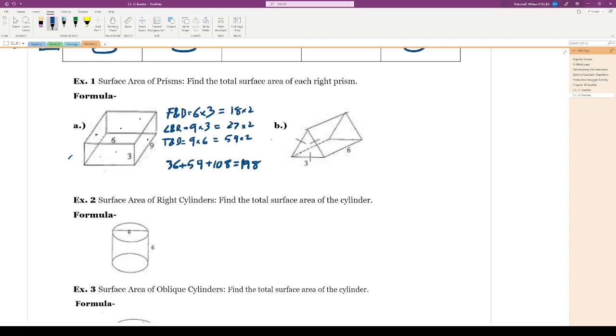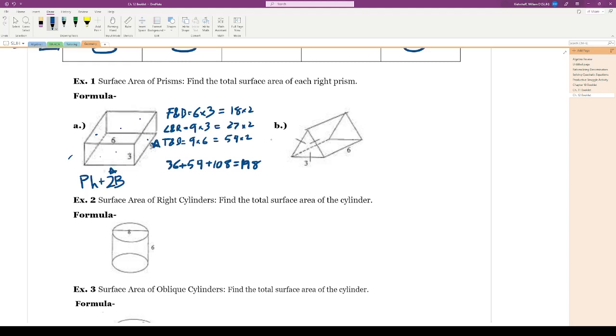Now, the formula is the perimeter of the base times the height plus 2 times the area of the base. And all we did was that exact same thing, but without a formula. So the perimeter times the height. Let's imagine that the top and bottom here are the bases, right? So my 2 times B was right here.